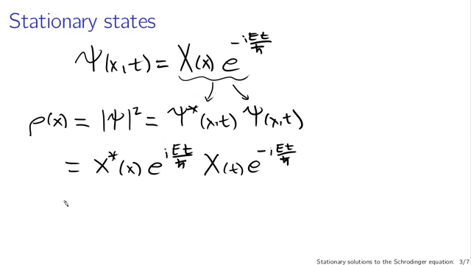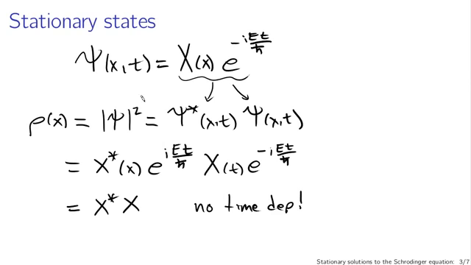So what we end up with here is X star X, essentially the squared magnitude of just the spatial part of the wave function. There's now no time dependence here, which means the probability density here does not change as time evolves.